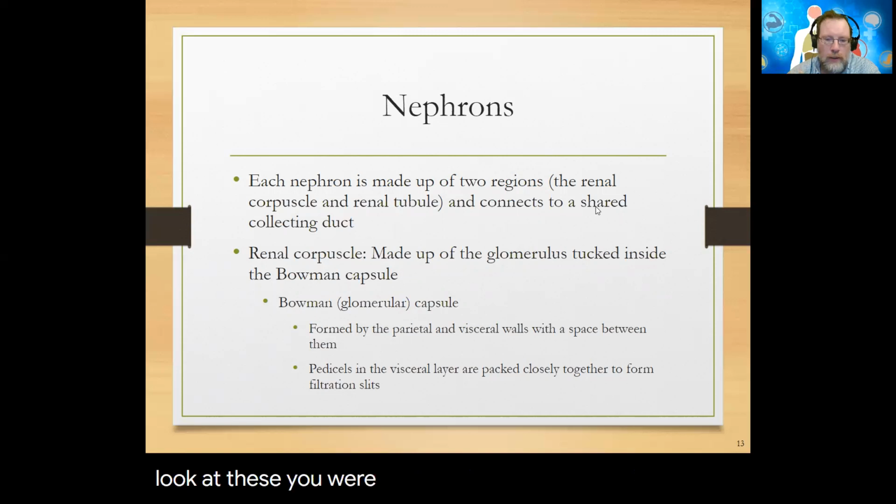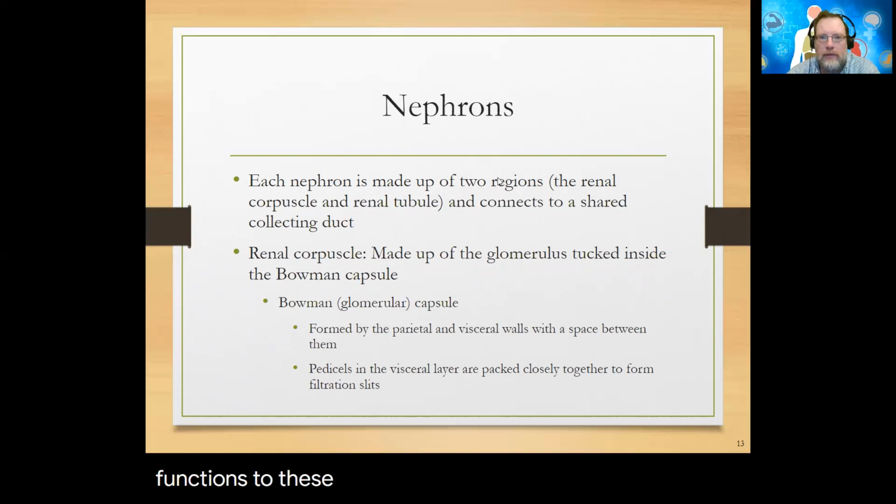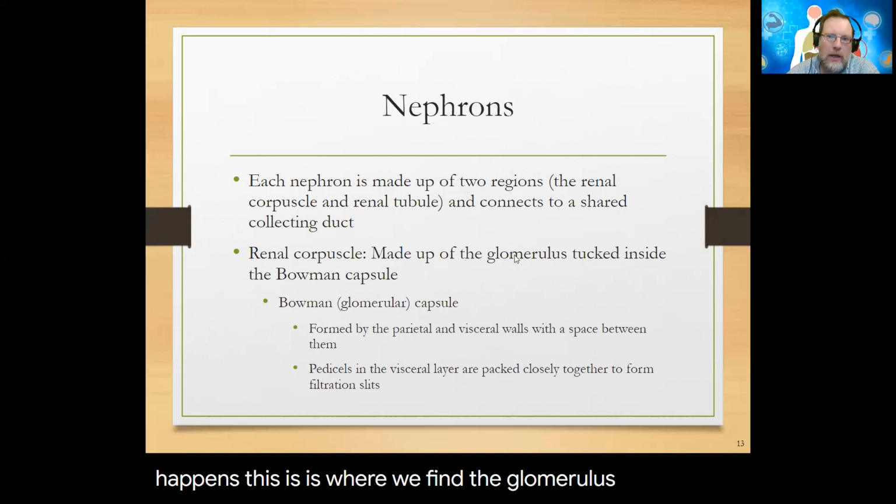You were tested on structures of the nephrons, so we're basically just going to add a couple of functions to these regions and microstructures of the nephron. So anyway, we have the corpuscle and the tubule. The renal corpuscle is where the initial action happens. This is where we find the glomerulus, which is going to be the capillary network of the nephron.